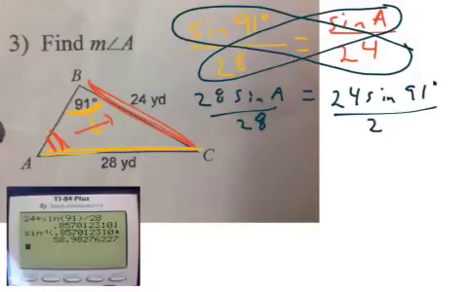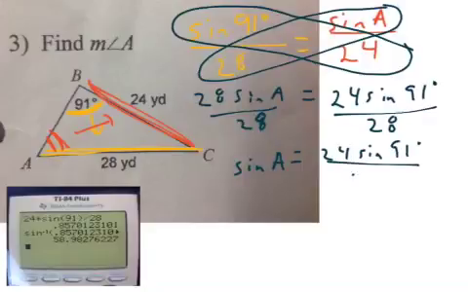Divide by 28. And notice I now know that the sine of A equals 24 times the sine of 91 degrees divided by 28. And to find A again, I'm going to do the sine inverse on both of these values, or the arc sine, as a trig teacher may say. Okay, and I'm now going to be able to figure out what A is.